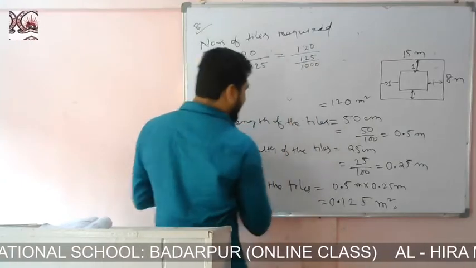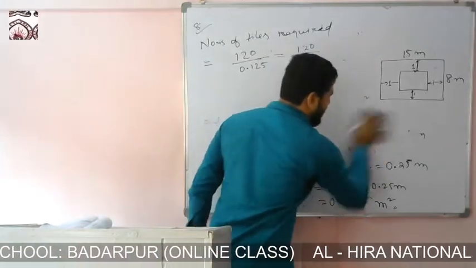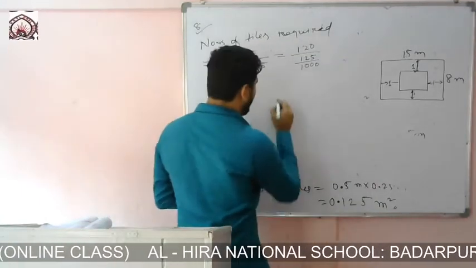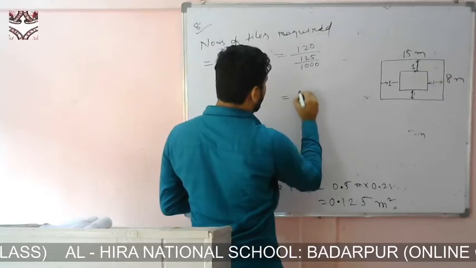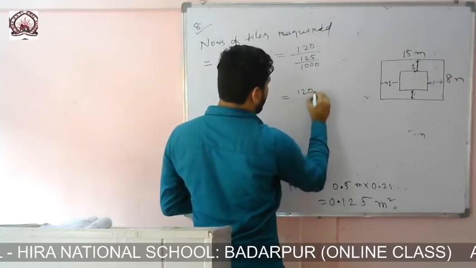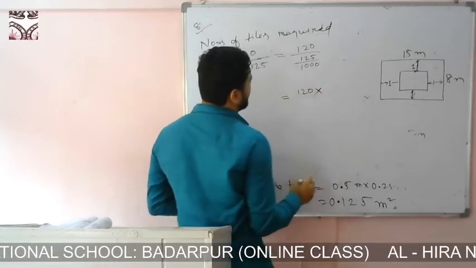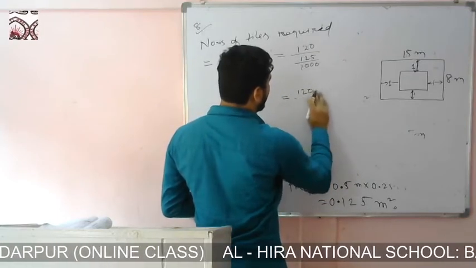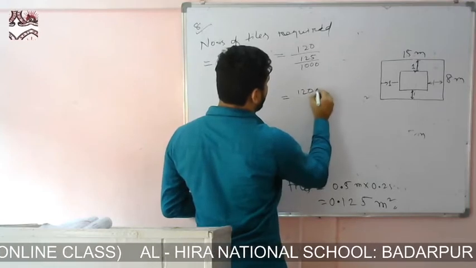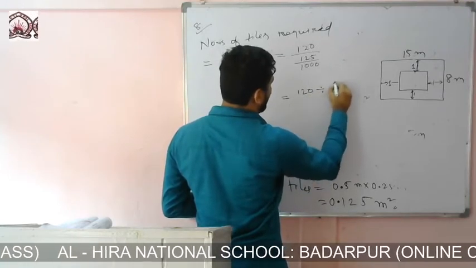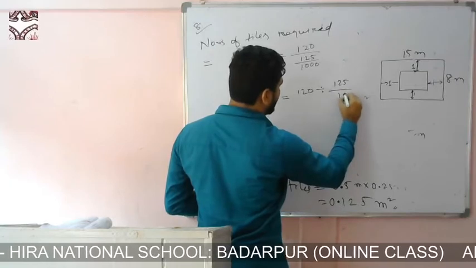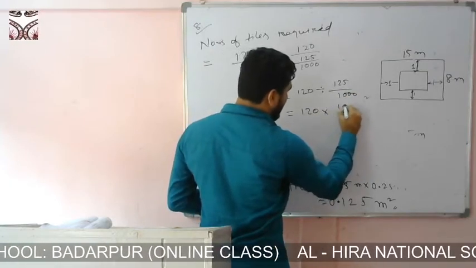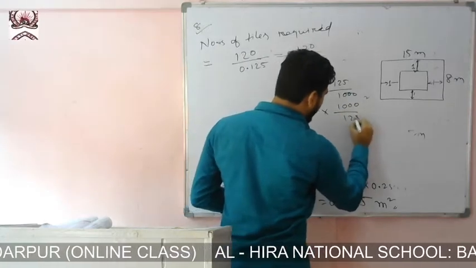Now I can write this as 120 divided by 125 by 1000. Now I can write 120 into 1000 divided by 125.